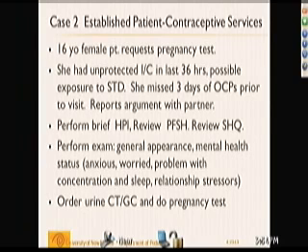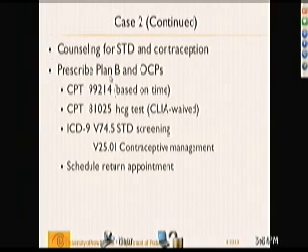But because of the anxiety, sleep disruption, and the amount of time spent, you're going to choose a higher level CPT, do the pregnancy test, send off the urine for the STI screening, and then have them come back.